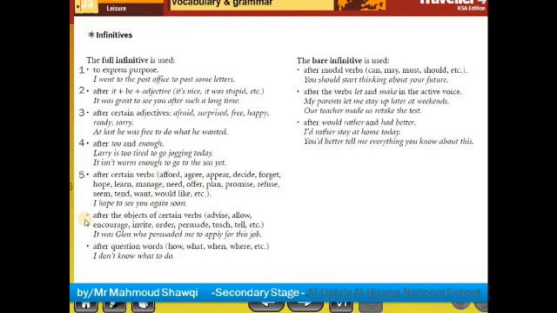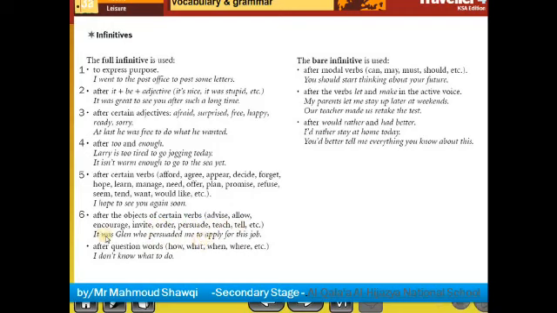After these verbs we use to plus the verbs. Number 6. After the objects of certain verbs. For example, advise, allow, encourage, invite, order, persuade, teach, and tell. After the object of these verbs we use to plus the verb.